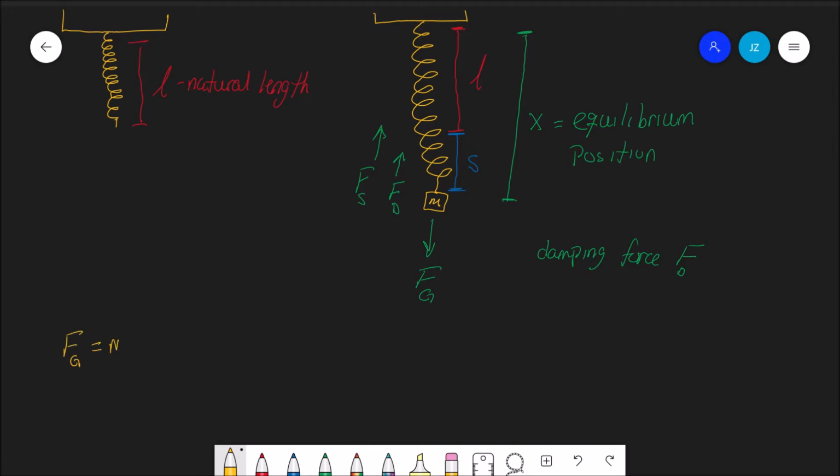So we now have three forces to consider. Force due to gravity, which is mg. We have the restoring force, which is governed by Hooke's law, so ks. And we have a damping force. Now, we shall assume that the damping force is given by a constant multiple of the instantaneous velocity, so beta v.